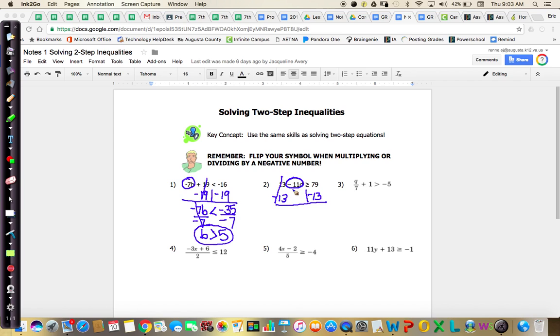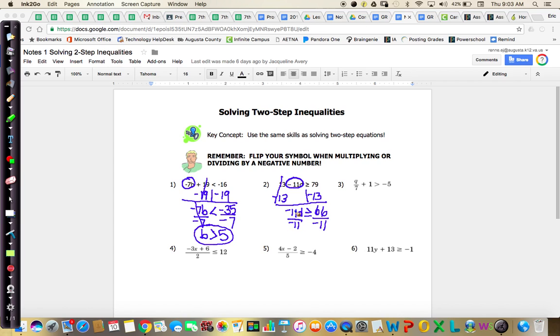When I bring down the minus 11d, I have to look at this minus as a negative. So I'm going to bring down negative 11d. Bring down the symbol, and 79 minus 13 is 66. The opposite of multiplication is division, and once again I'm dividing both sides by a negative because there's a negative in front of the variable.